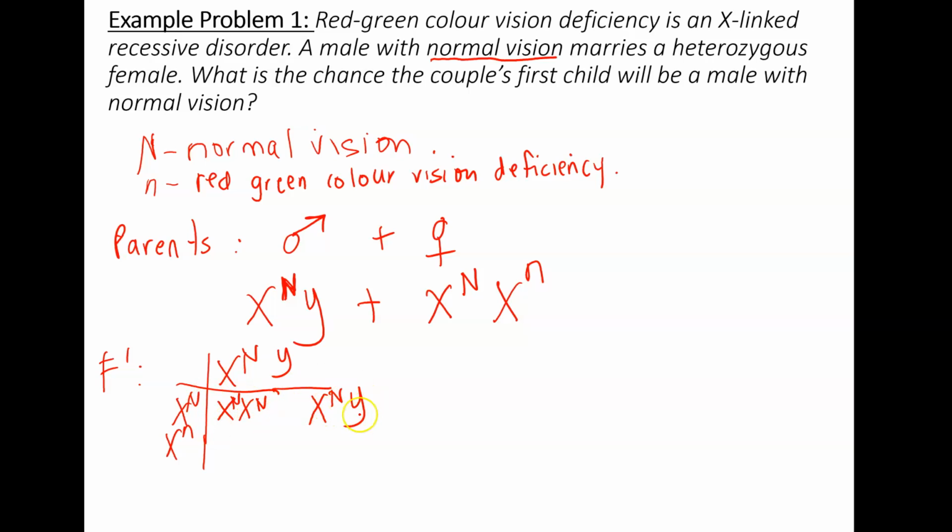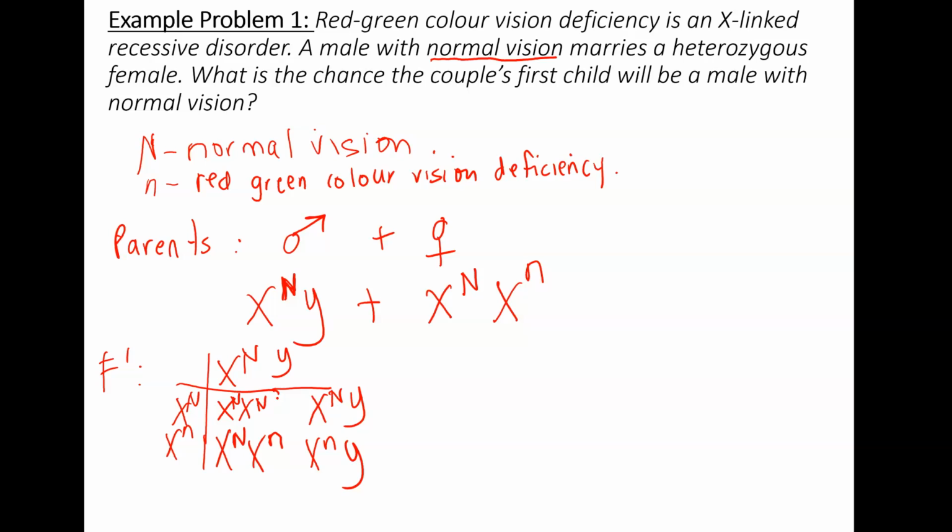This is a boy, big N and Y. And then we're going to have X little n, Y. Oops, sorry, let me make sure I've done this correctly.